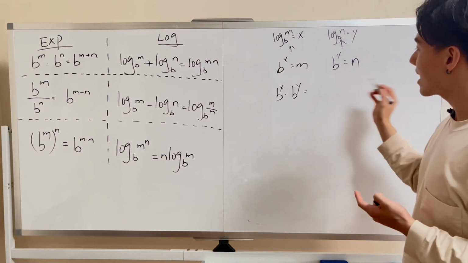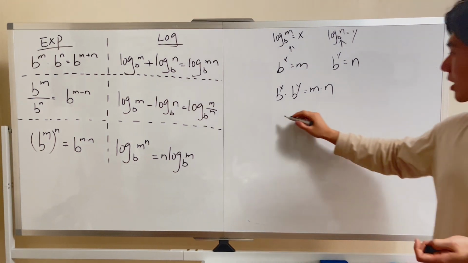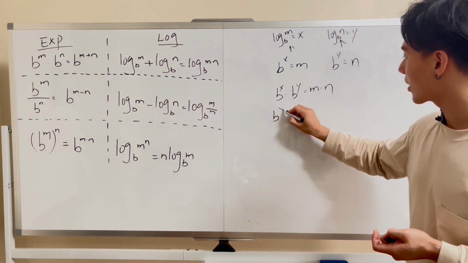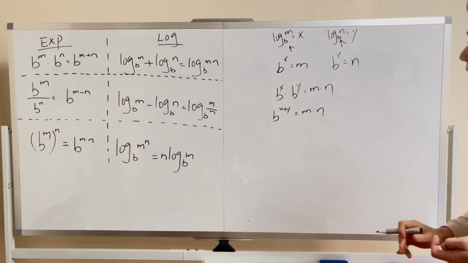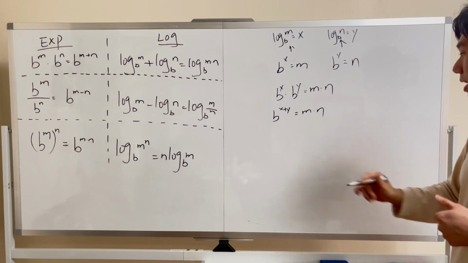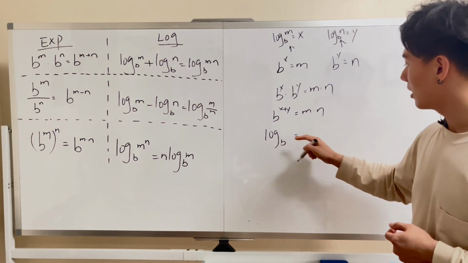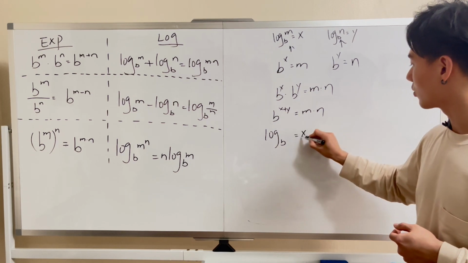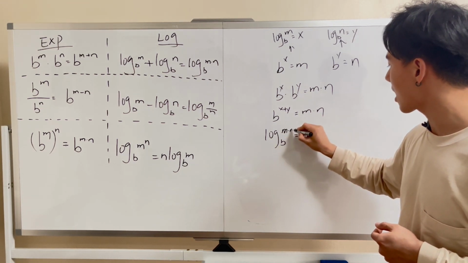And it equals, on the right-hand side, m times n. Now, according to the exponent property, this is going to be b to the x plus y equals m times n. Now I'm going to put this in log form: log base b, where the exponent is x plus y and the argument is m times n.